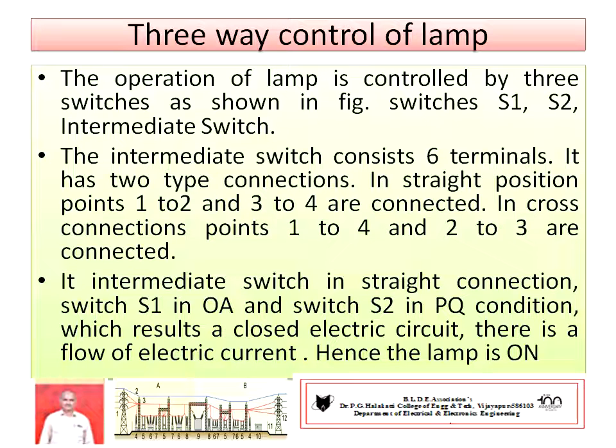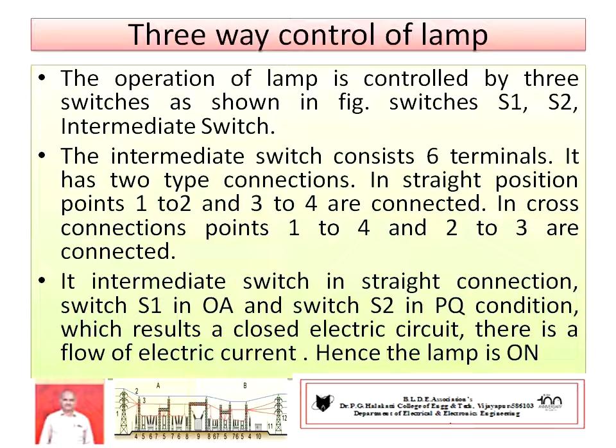One is known as a straight connection. The points 1 to 2 connected and 3 and 4 are connected, which results in a straight condition. It is referred to as the straight position. Another possibility, we can connect point number 1 to 4 and 2 to 3, which results in a cross connection.